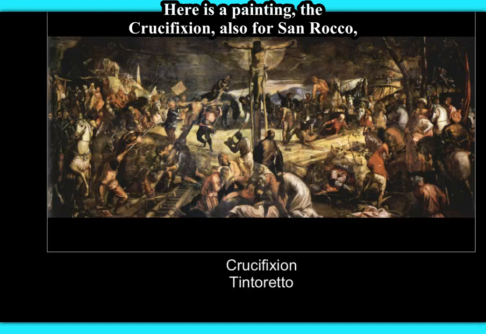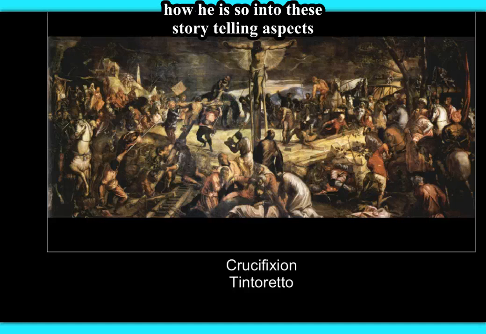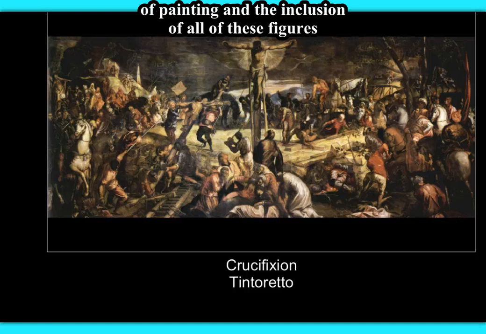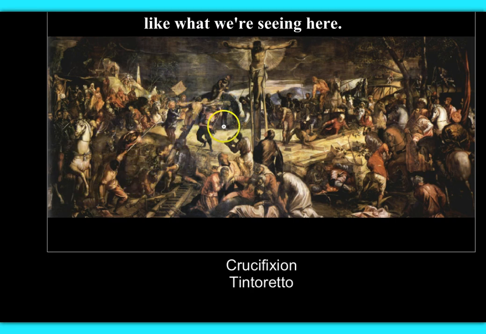Here is a painting, the Crucifixion, also for San Rocco, just to show you how he is so into the storytelling aspects of painting, and the inclusion of all of these figures within the painting that help really tell the story, like what we're seeing here.